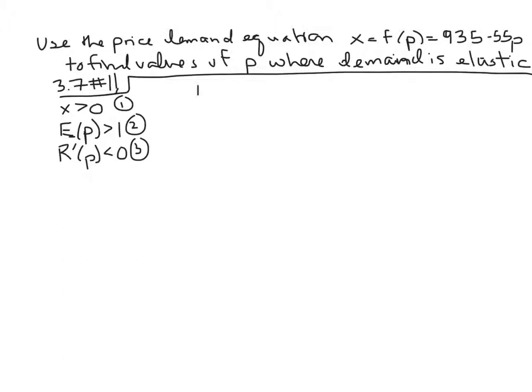For the first one, we need to take our X equation that's up above. That is 935 minus 55p, and we know that needs to be greater than 0.